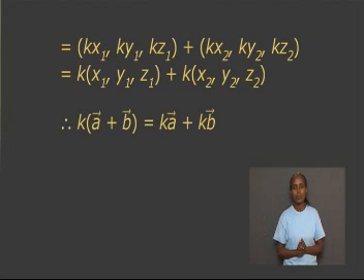Alternately, we could say that it is equal to k times A plus k times B. We have completed our proof and shown the principle of multiplying a vector by a scalar. Well done!